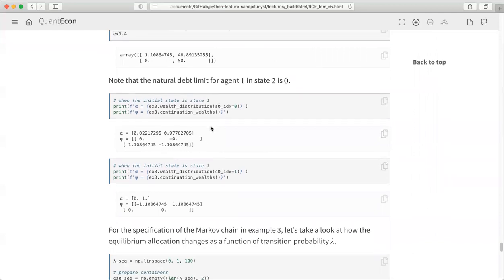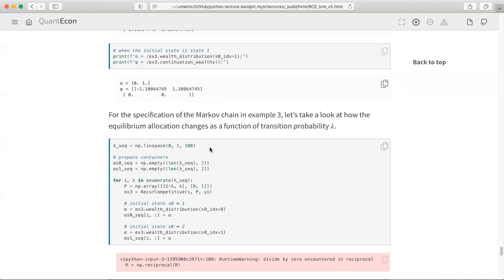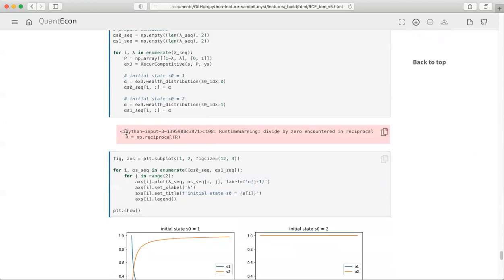If we start in state 1, the continuation wealths look like this. If we start in state 2, they look like this. They're always going to have to sum to 0 across the columns. So that's what we did.